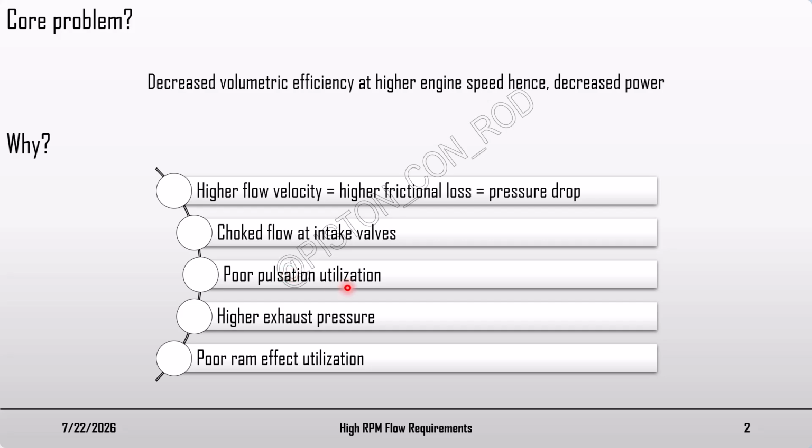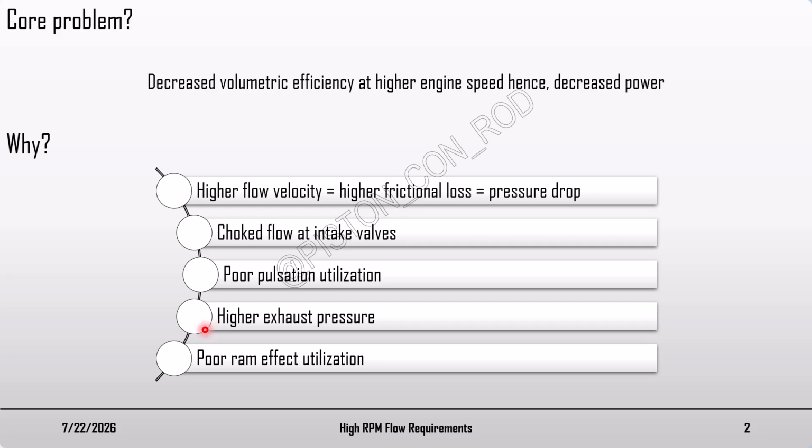When you fine tune them for mid-range RPM, you get a decrease in volumetric efficiency at higher RPM ranges. So you can fine tune them for higher RPMs to use that potential to increase the volumetric efficiency at those RPMs.